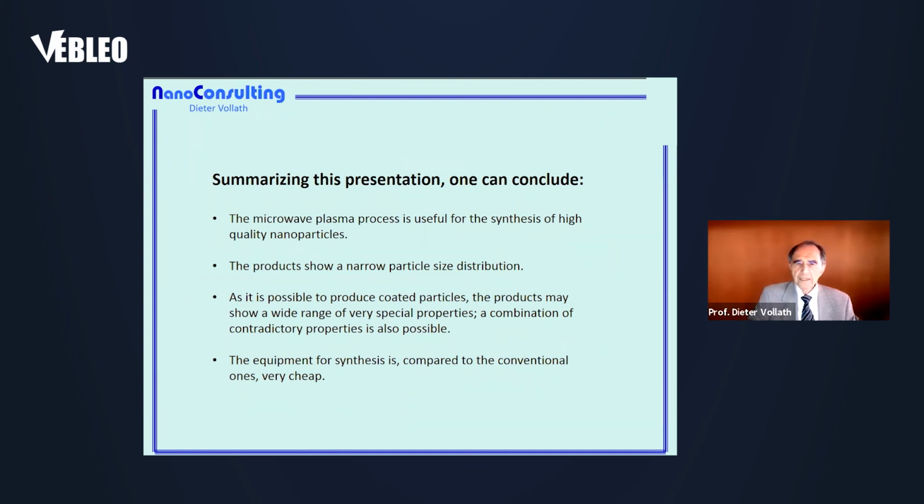Now, summarizing my presentation, I will conclude. The microwave plasma process is very useful for the synthesis of high-quality nanoparticles. The products show, and you have seen the electron micrographs, a very narrow particle size distribution, provided you keep all the rules that one needs.